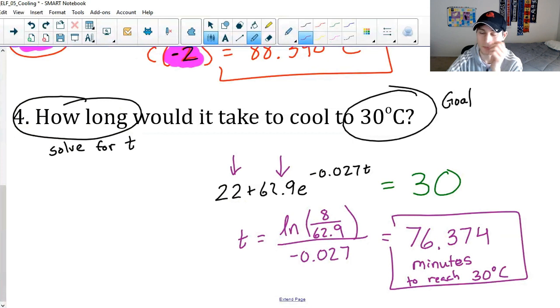Other than that, same ideas, basically the same solving. We have a couple extra steps, like in this one, we have to subtract 22 first. And then, once we do that, now we divide, natural log, divide again, etc. And we use positive and negatives to represent going forward and backward in time.